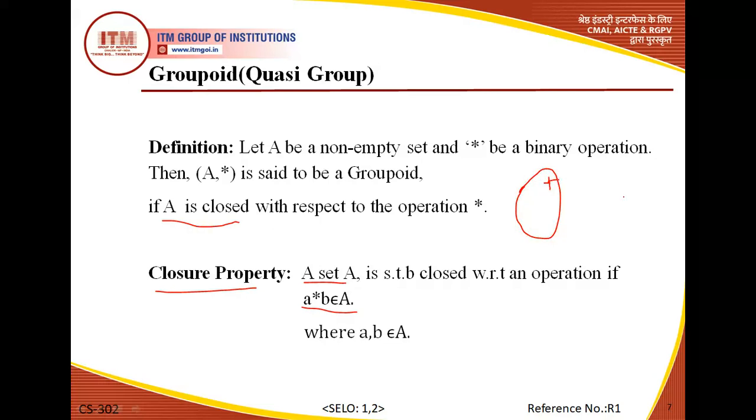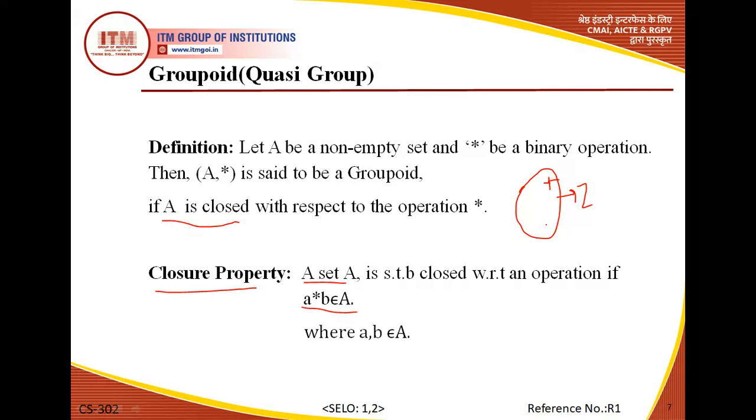We would say this set is closed under addition if we take two elements from this particular set and we add them, and the answer falls into this set only. So if this is the set of integers, and we take two integers like -2 and -3 and add them, it would be -5. So -5 is also an integer. Hence we would say that Z is closed under addition.